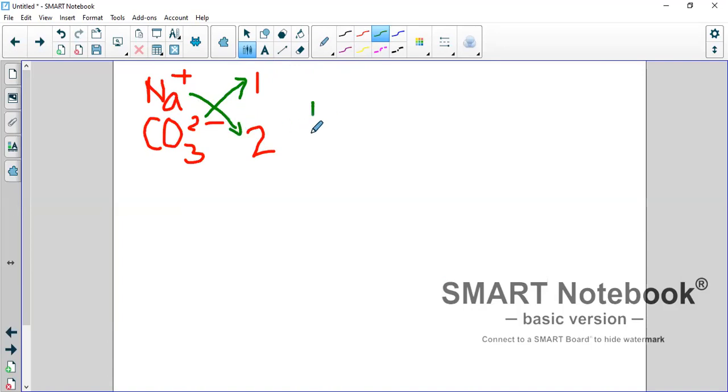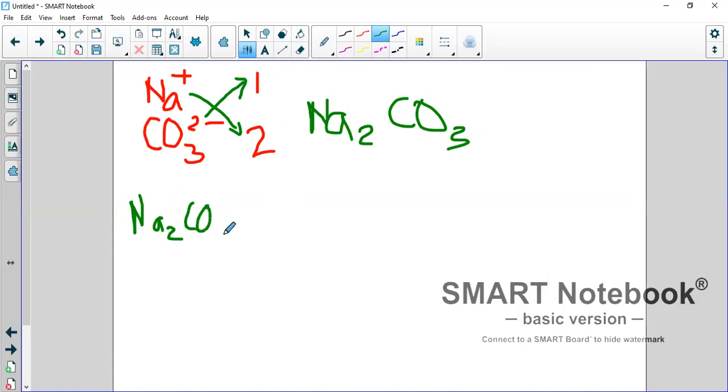So my formula is Na2CO3. You need to start here because you need to have the correct formula. That's my sodium carbonate. It's going to react with nitric acid, which is HNO3. You must know the formula for nitric acid, HNO3.